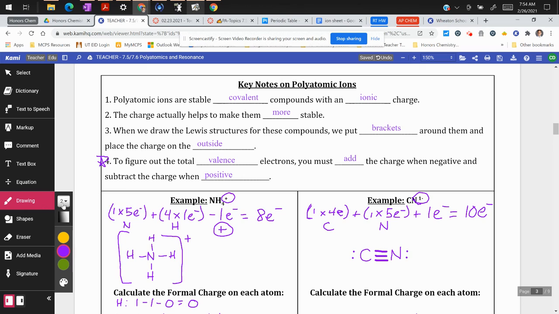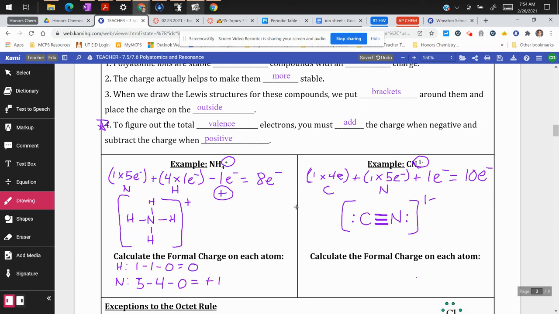The last thing I need is my brackets. I need my bracket, and then my charge goes on the outside. All right, I can calculate formal charge.